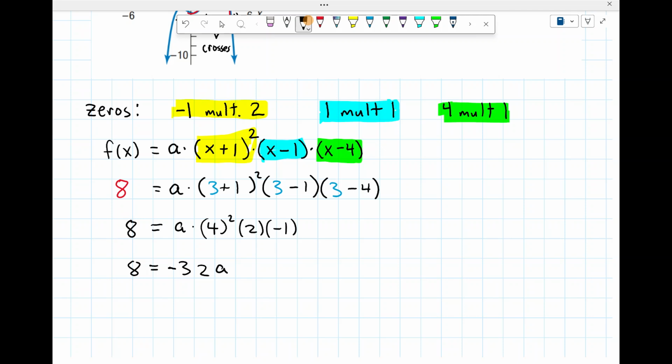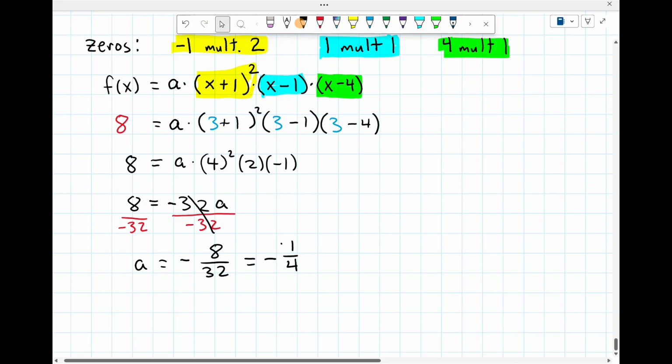And next, I just divide both sides by negative 32. And I end up getting a equals negative 8 divided by 32, which simplifies if I divide top and bottom by 8, to negative 1/4.